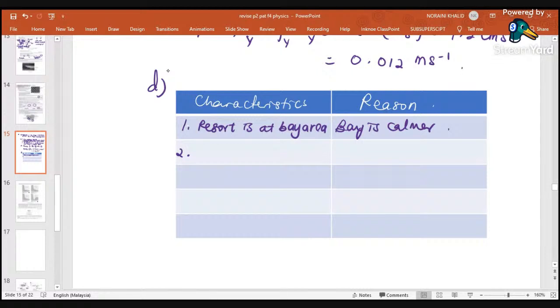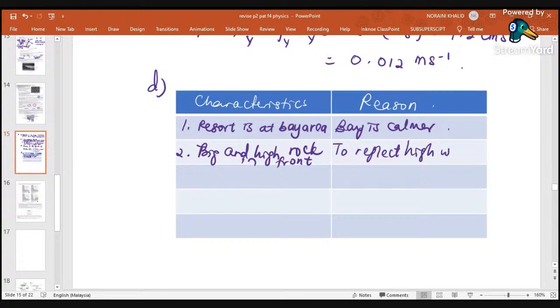2, we can say there is a big and high rock in front of the resort. So this big and high rock will prevent high waves from hitting the resort. Okay, in terms of safety, to reflect high waves.